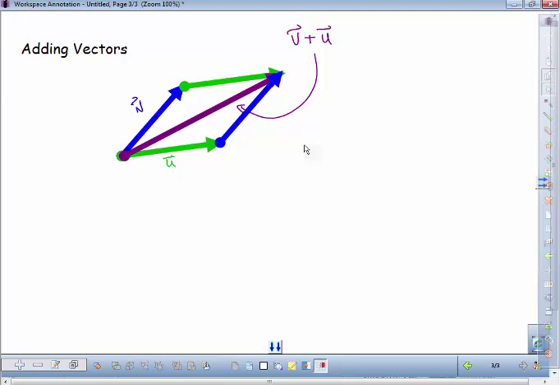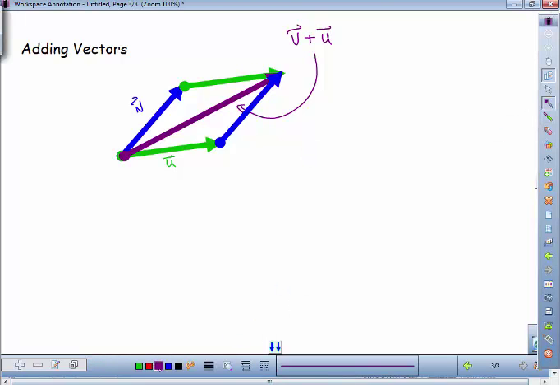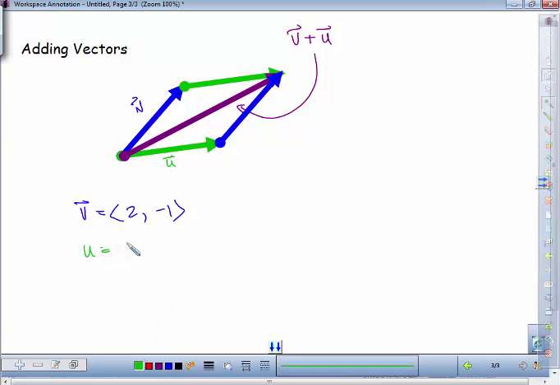Symbolically or numerically, when you actually do this, it's quite simple. It's just adding component-wise. So let's set v equal to some random set of numbers: 2, -1 maybe, and then let's set u equal to 7, 3.